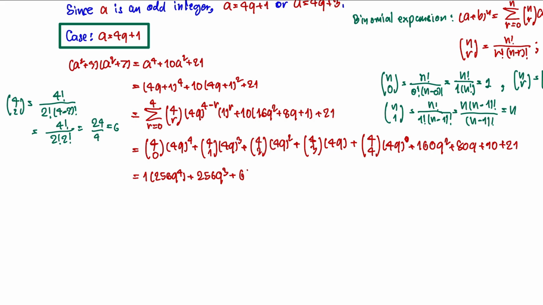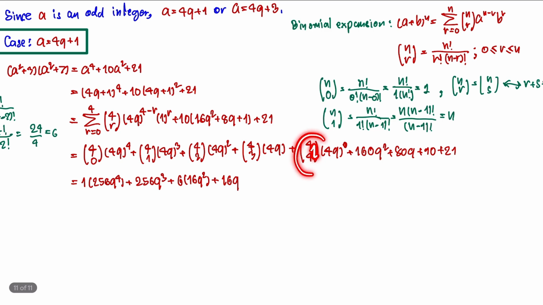So you're gonna have 6 times 16 q squared plus 4 times 4q. Okay, 16q. What about this one? Just 1. Okay, just 1. And plus 160q squared plus 80q plus 31.